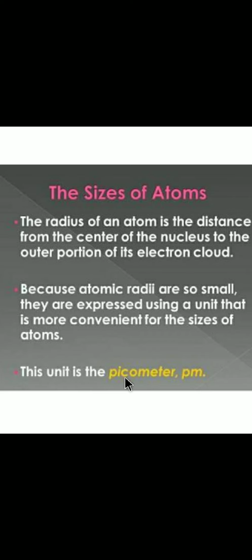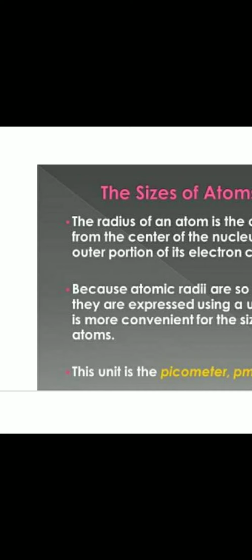That unit is the picometer, which we indicate by pm. 1 picometer is equal to 10 raised to minus 12 meter, which is smaller than a nanometer.